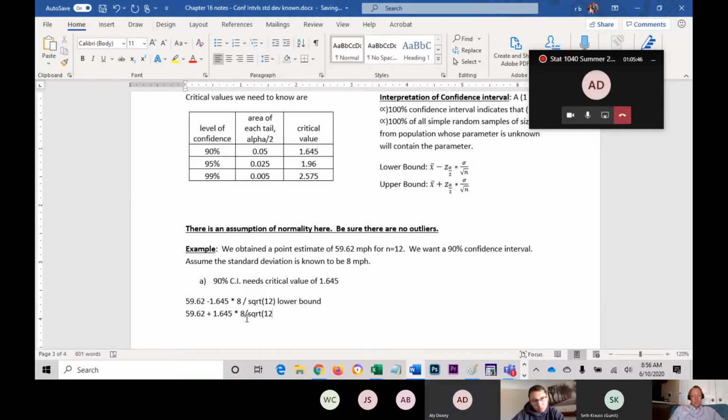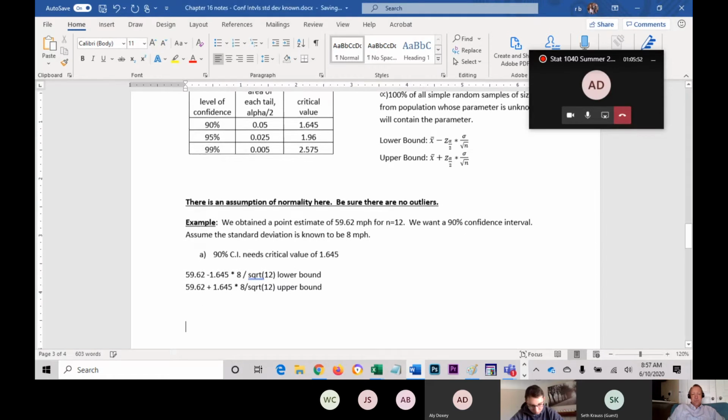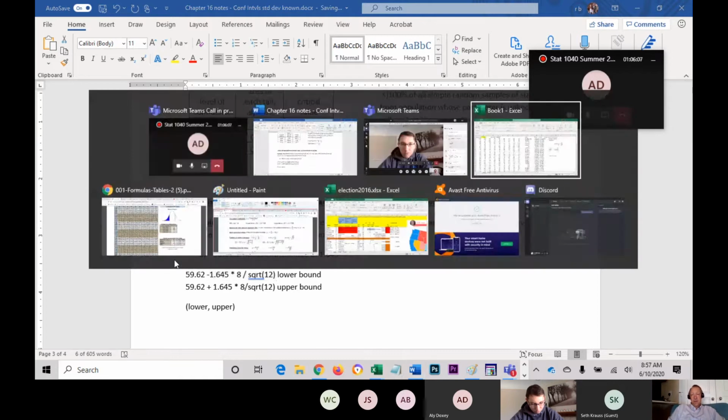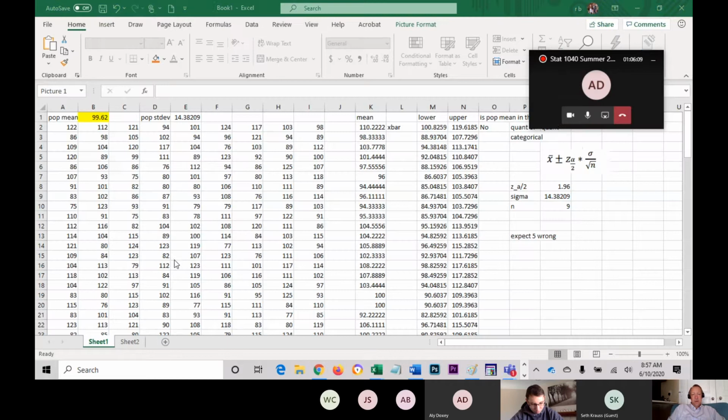Okay, well done. Now, typically when we're doing a confidence interval, you usually put it in parentheses, and you always put the lower number first and then the upper number. Okay, so I am going to put this into Excel here and give an answer for us.